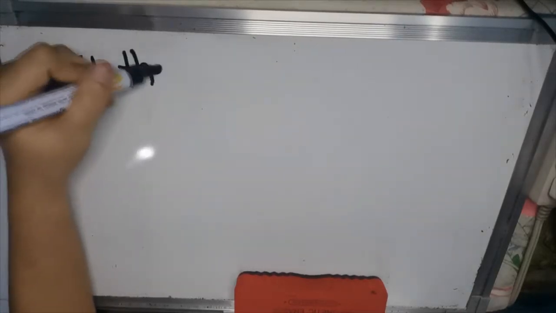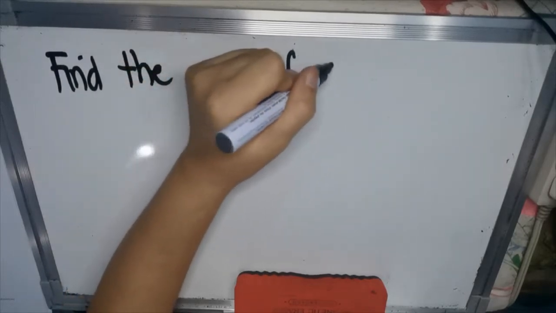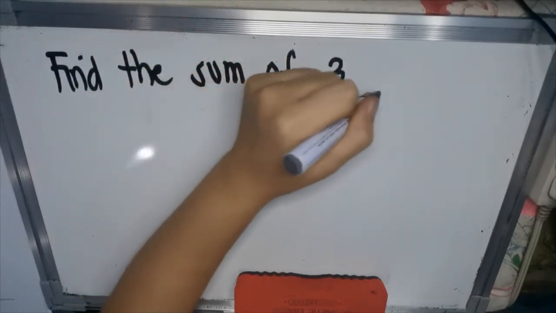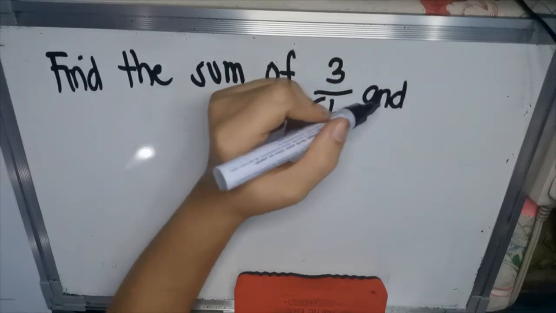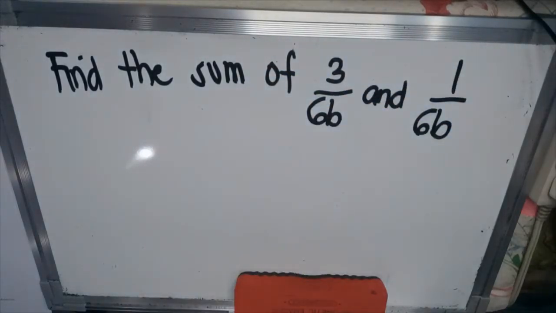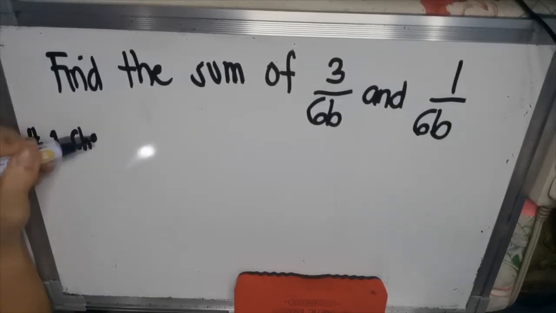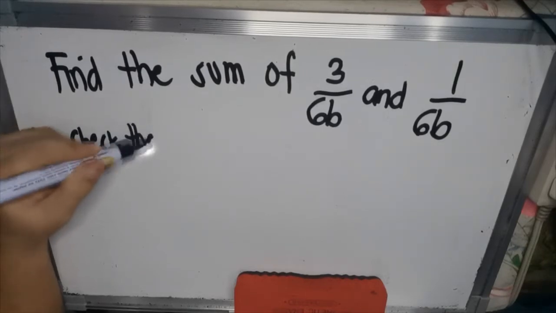Say for example, you are asked to find the sum of 3 over 6b and 1 over 6b. Okay? So, say for example, we have this given. Una, number 1, you have to check the denominator.